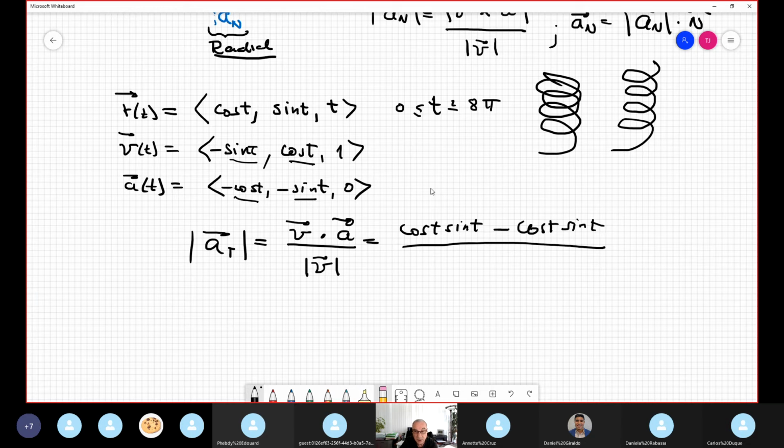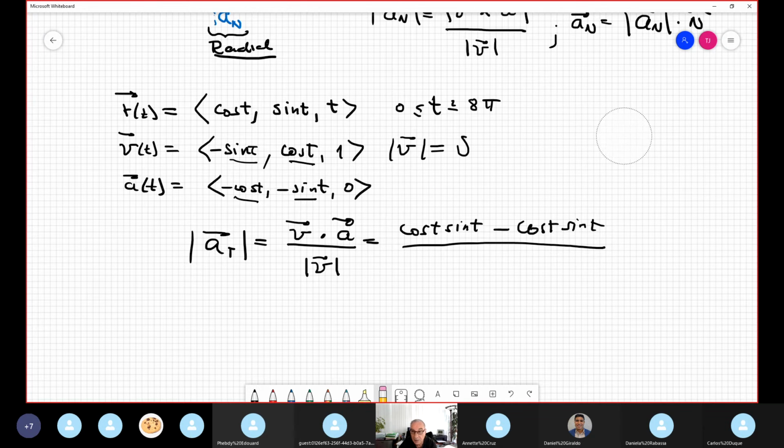Divided by, I forgot to compute the magnitude of velocity. That is the speed formula: square root, well, let me erase that part of the helix. Square root of negative sine squared t plus cosine squared t plus 1 squared. This is 1, and 1 plus 1 is 2, so radical 2.